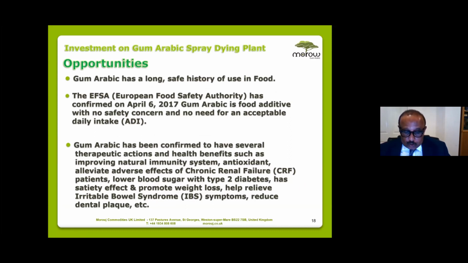Also, there is a huge potential, as earlier Dr. Ahmed and also Dr. Bulgatim were touching on those points. There is a huge potential for using gum arabic as a nutraceutical supplement. It helps improve the natural immune system, is an antioxidant, and reduces the adverse effects of CRF.